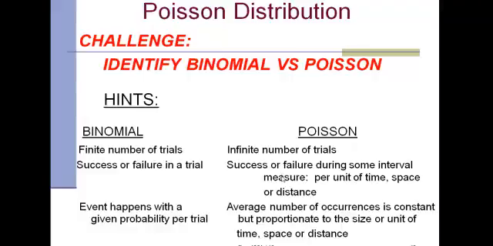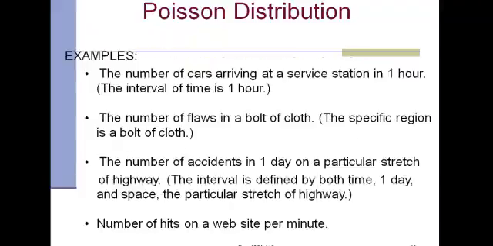Maybe it's the success per unit of time, space, or distance. In binomial, the event happens with a given probability per trial. Well, in Poisson, the average number of occurrences is constant but proportionate to the size or unit of time, space, or distance. Now, while this probably sounds a bit overwhelming, I can give you some examples to help clarify this.